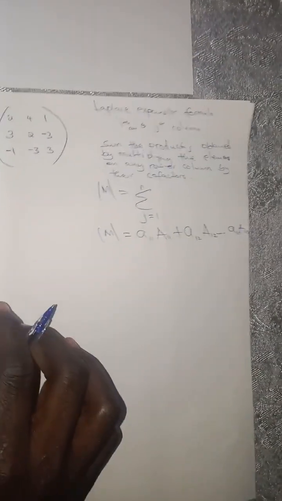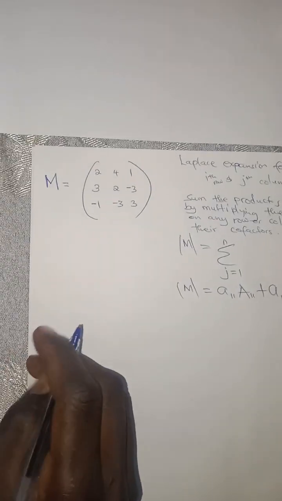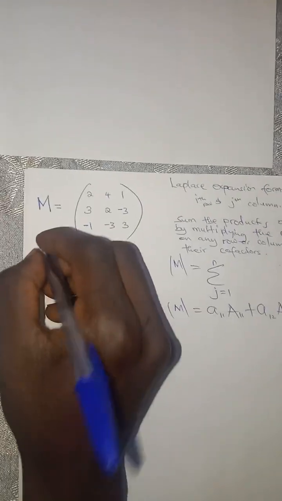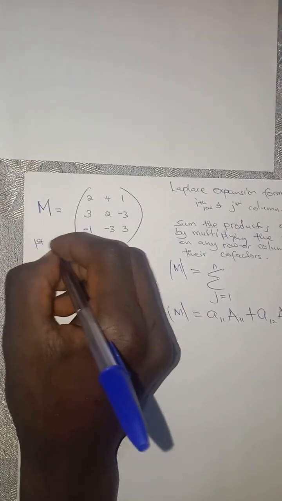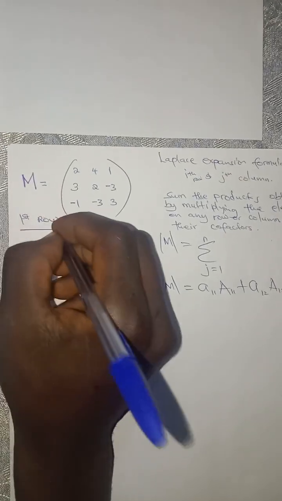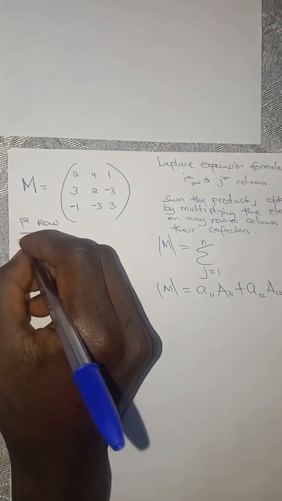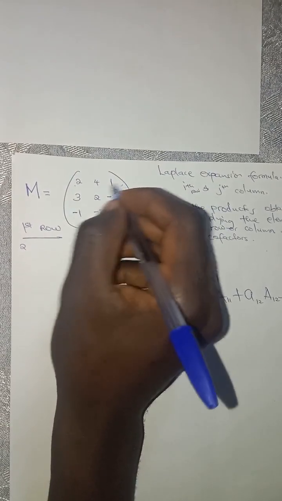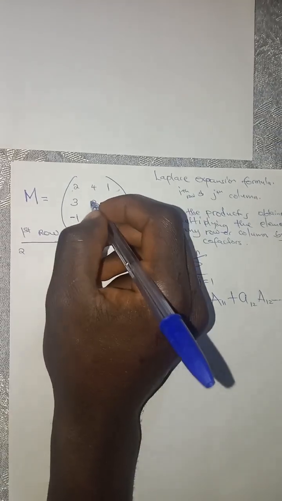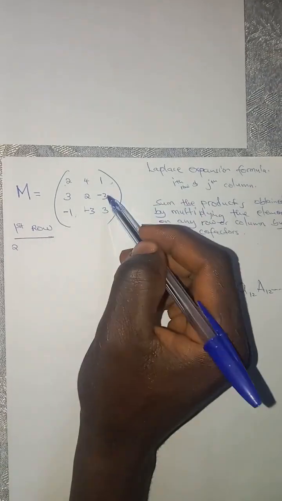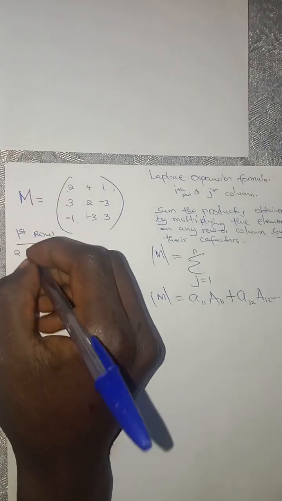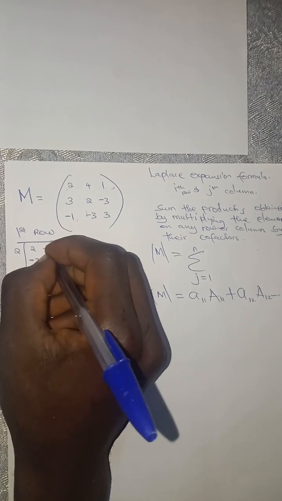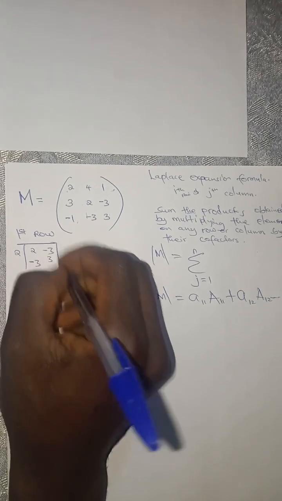So, for example, in this case, the matrix M, by expanding using the first row, we will be having 2, and we cancel the row and column where 2 lies. Then we will be having these elements: 2 into 2, -3, then 3.